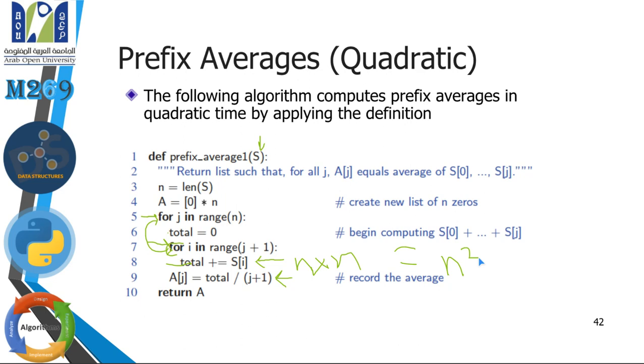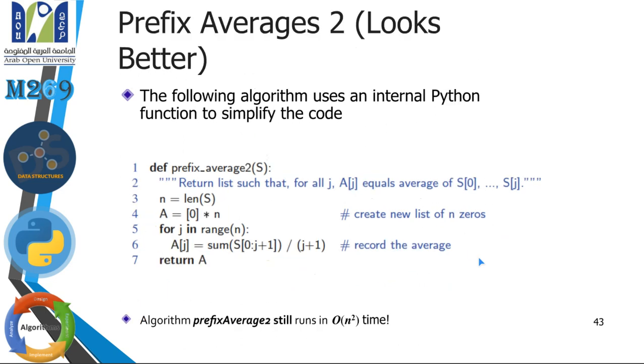Now they work on the code trying to find a better way, so they come up with this prefix average 2 code. Instead of having two nested loops, they come up with the same thing in one line. They take out the nested loop. We have only one loop. Fine. But the problem now, we have another call.